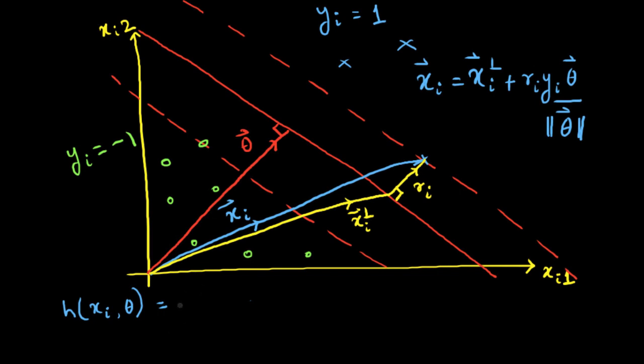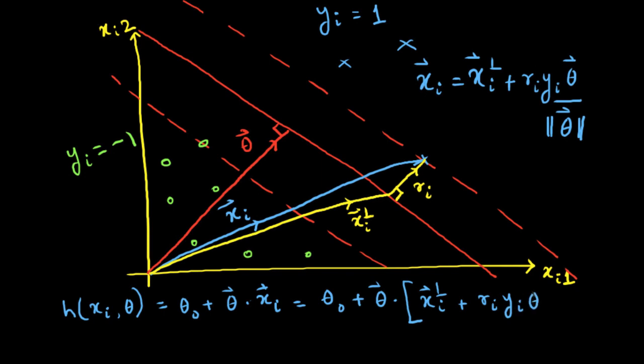So this is equal to theta 0 plus theta vector dot xi vector, which is equal to theta 0 plus theta vector dot xi perpendicular vector plus ri yi theta vector by theta vector norm.